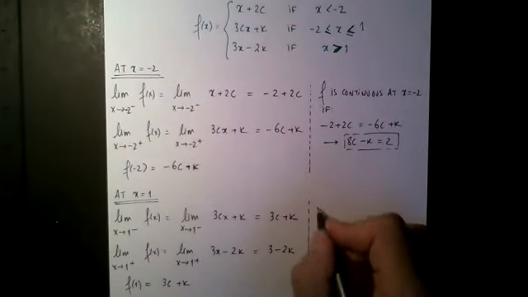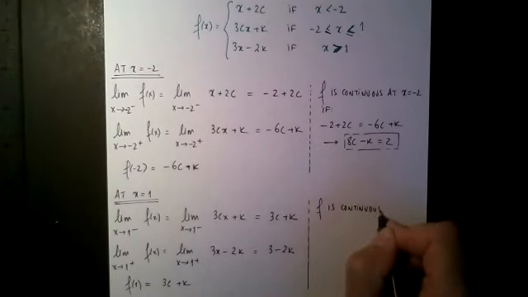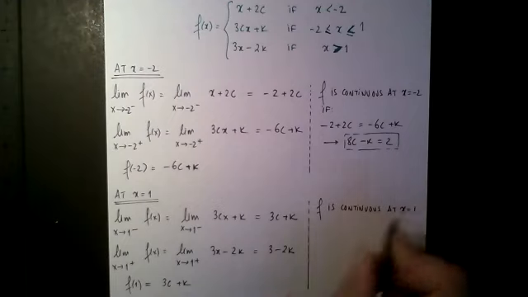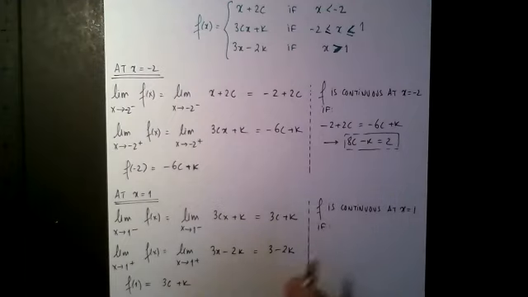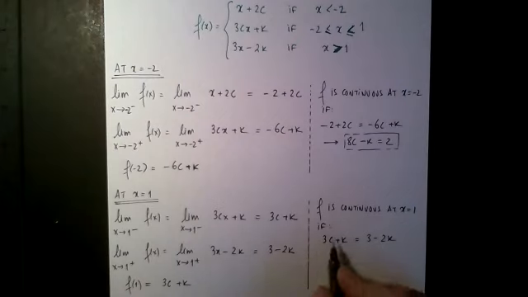So I'm going to write f is continuous at x equals 1 if these three values are the same, so basically 3c plus k is equal to 3 minus 2k. So I'm going to send the k's on the left, so I get 3c plus 3k equals 3. I could divide everything by 3, so c plus k equals 1. Here's my second equation.